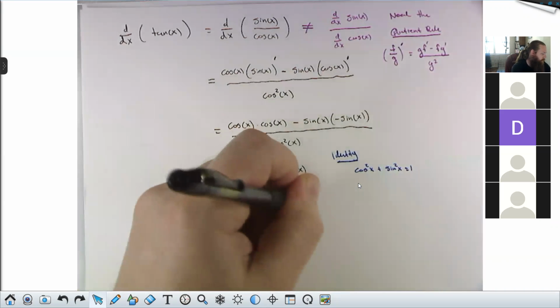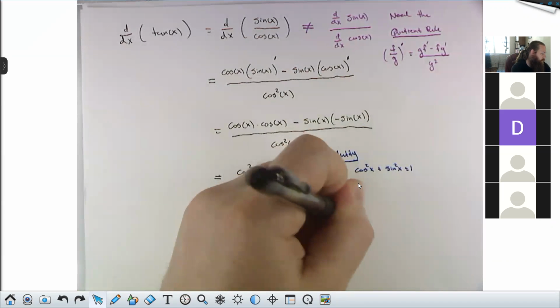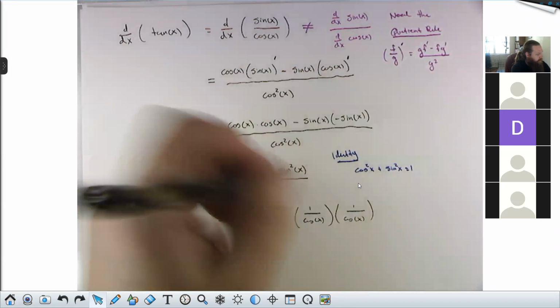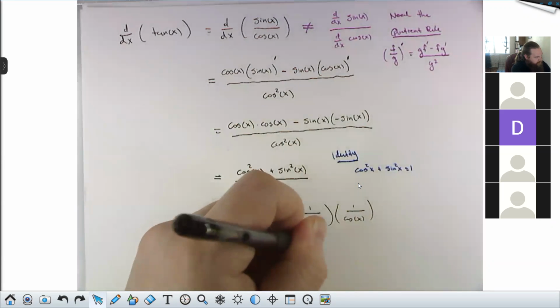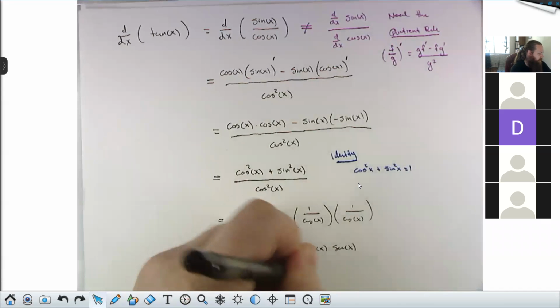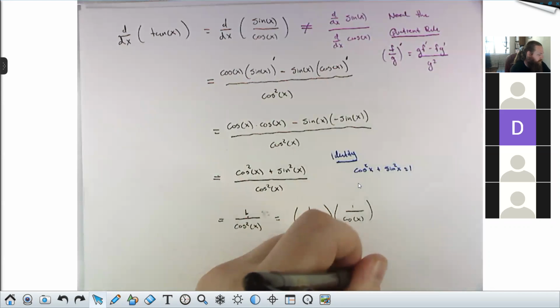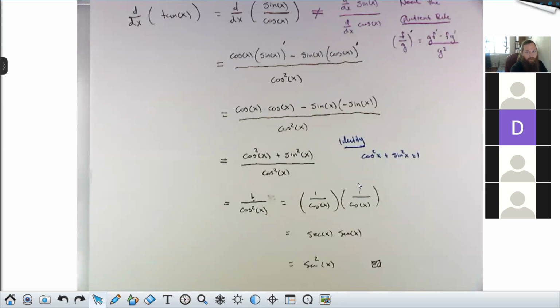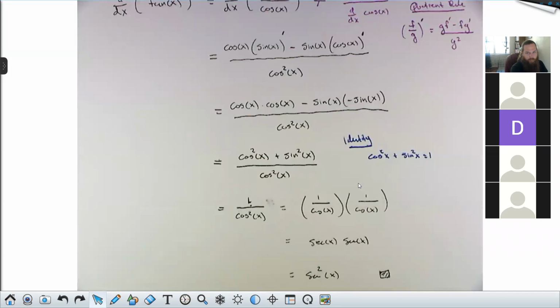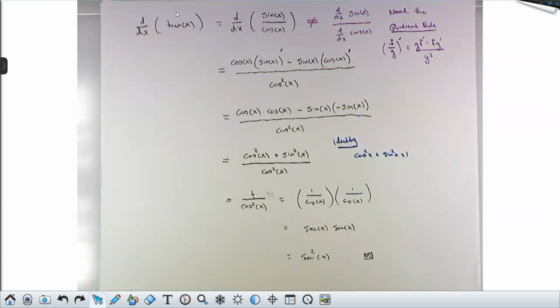So this is the same as 1 over cos x, 1 over cos x, which is secant x times secant x, which is secant squared x, which is what we wanted to show. So this is the derivative of tangent. Any questions on any one of these steps?